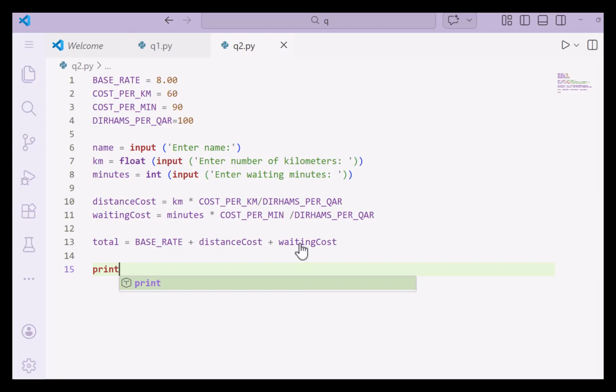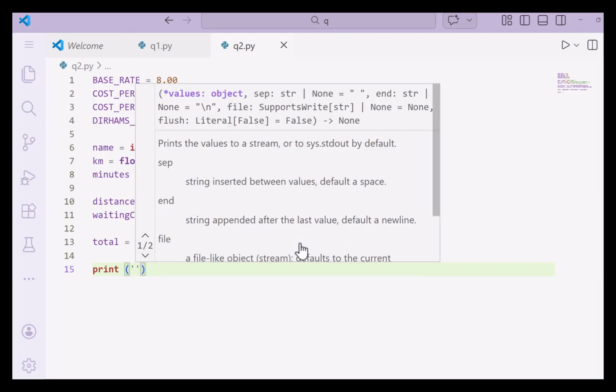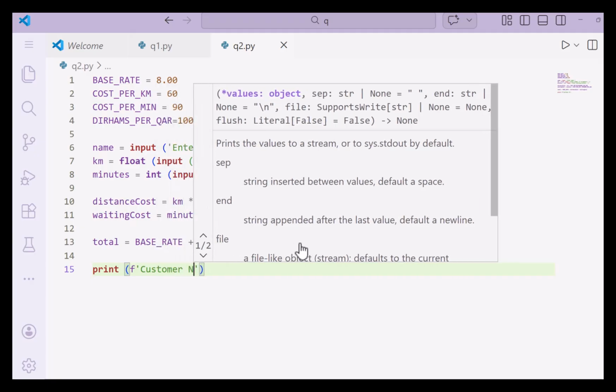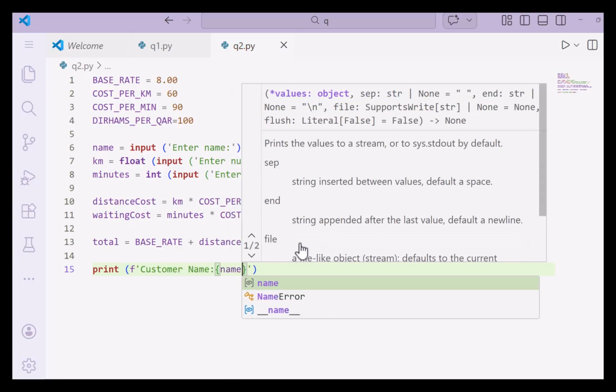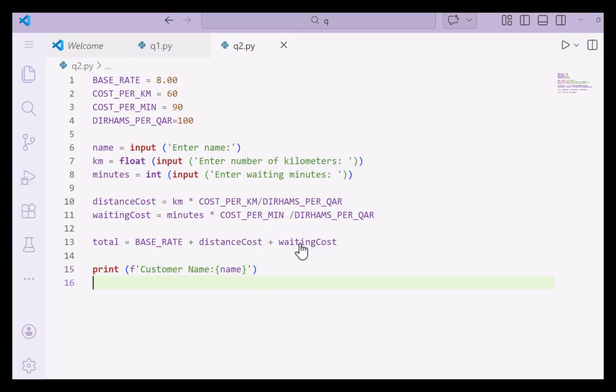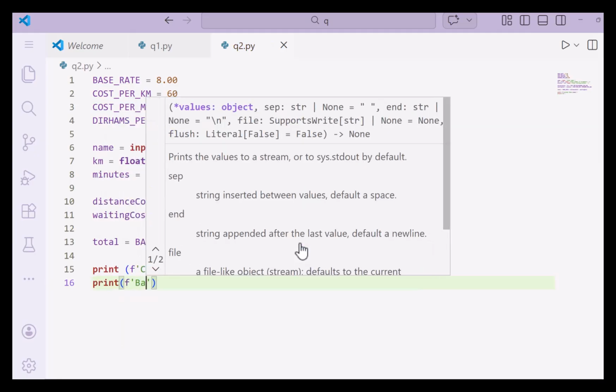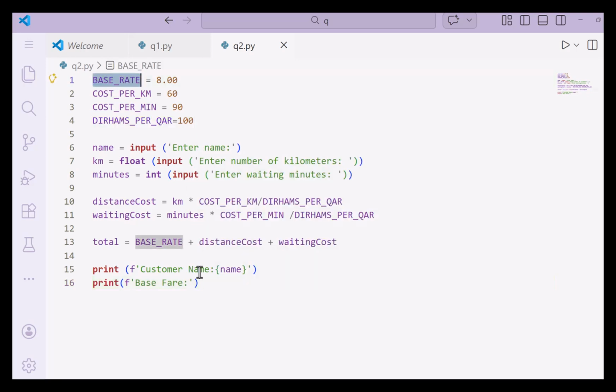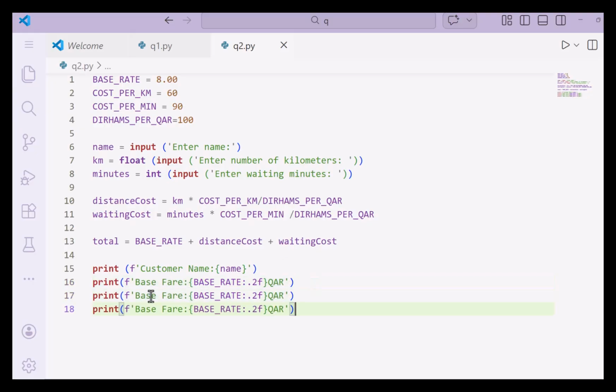Now we can print the output. A print, let us say here, customer name. And here I would say name. Then I can say print base fare, which is base rate here, and colon .2f QAR. I copy paste this because I need it. Then I need distance and waiting.